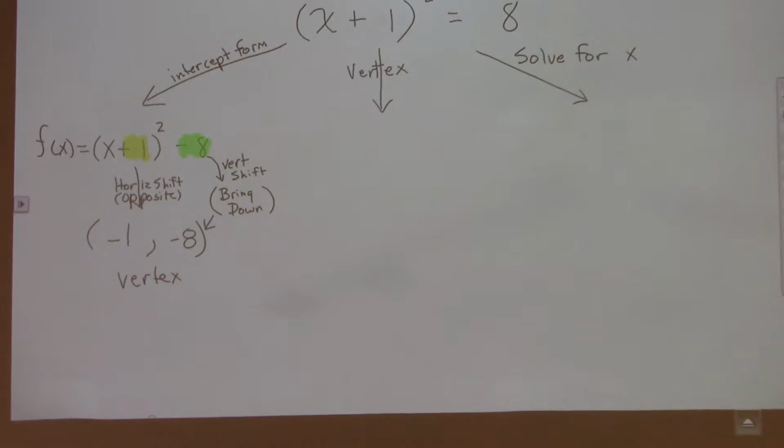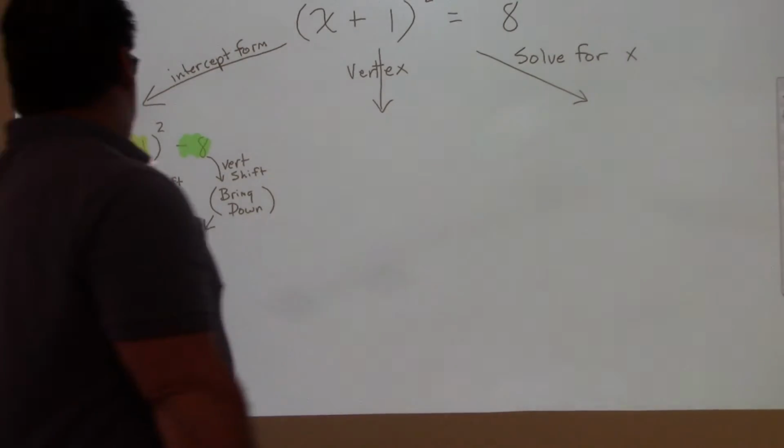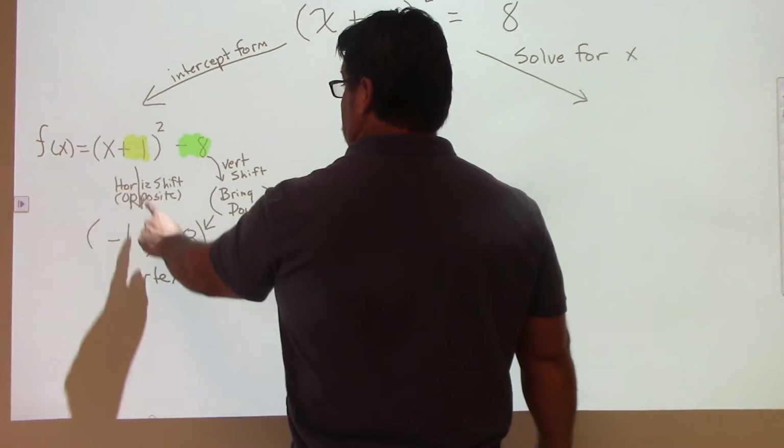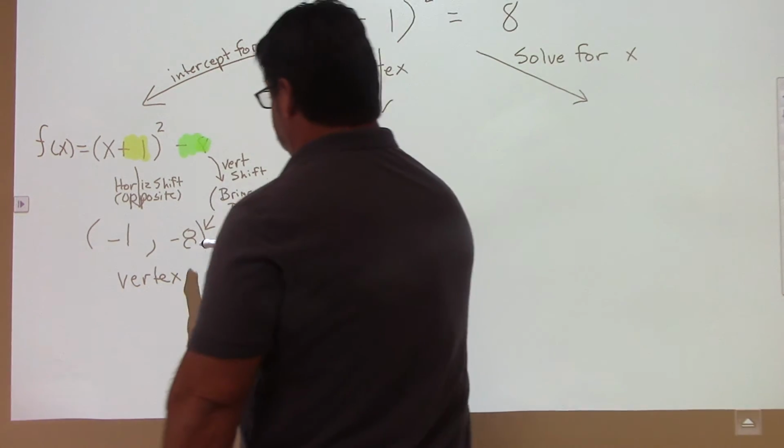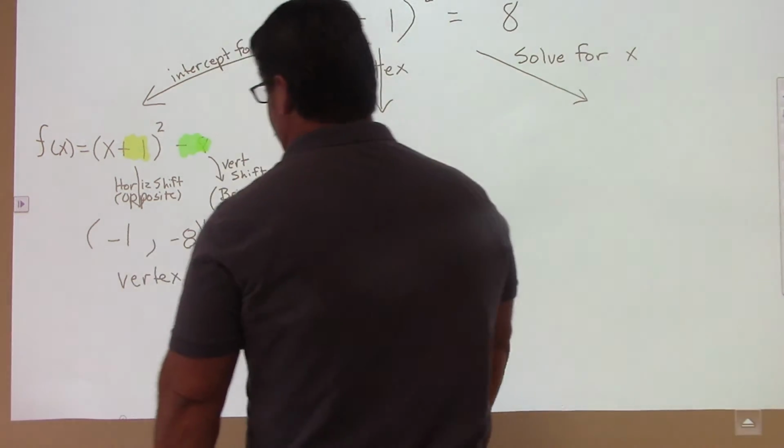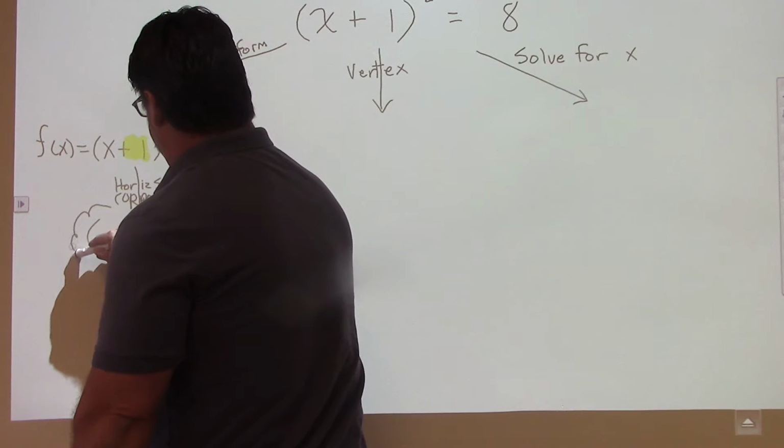And some of you might say, well, I thought you got vertex over there. Yes. There's 2 ways you can get the vertex. One is to put it in intercept form the way the book does. And then take the opposite of this guy and bring this down. And that's your vertex. Important.